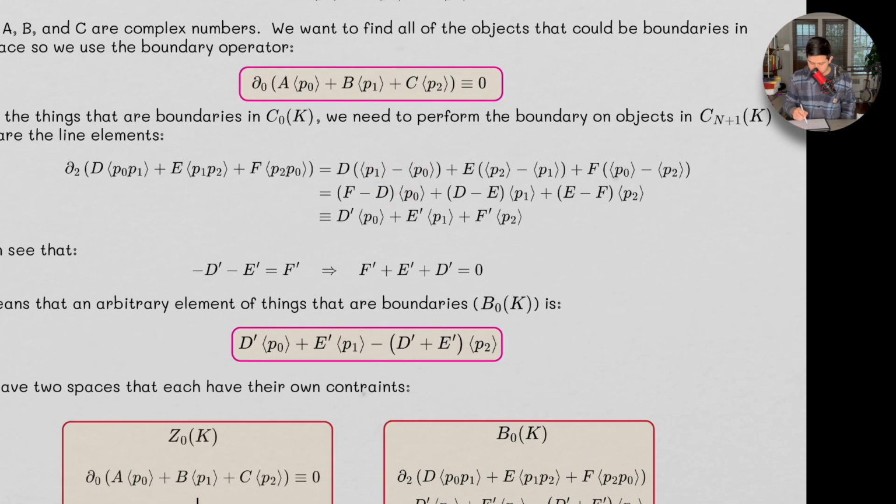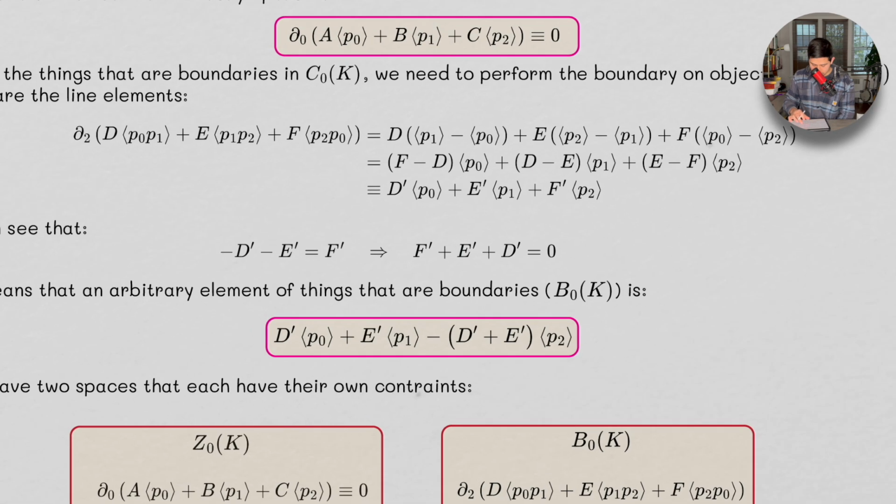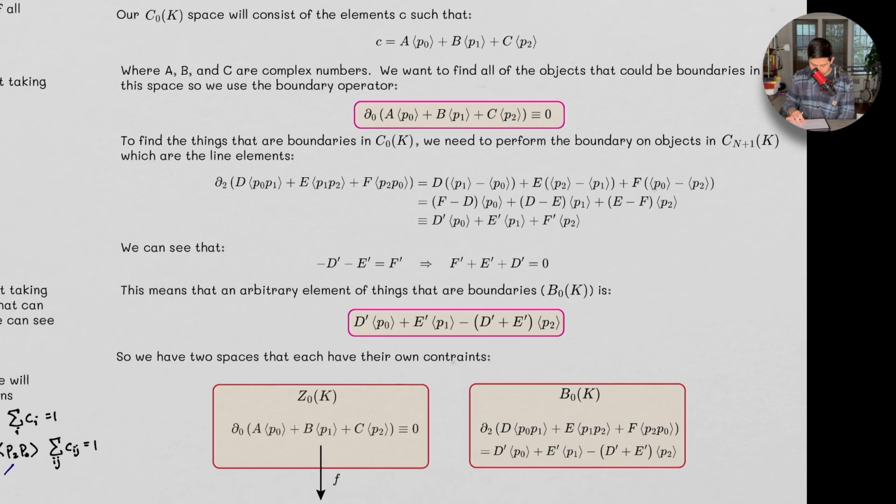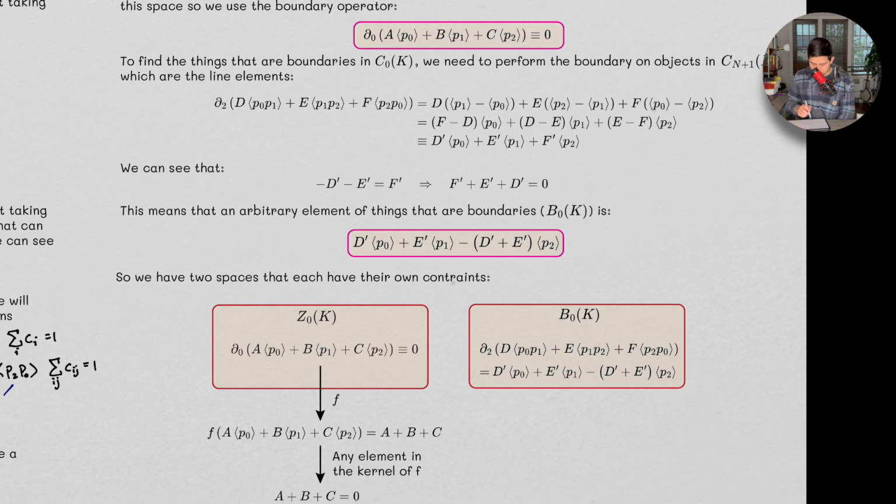We can, this is just some algebraic manipulation. And then from here to here, we redefine these guys here, and we can see that d prime minus e prime, right? So this minus this is going to give us this. And so rearranging this, we get this right here. This means that an arbitrary element of things that are boundaries, right?